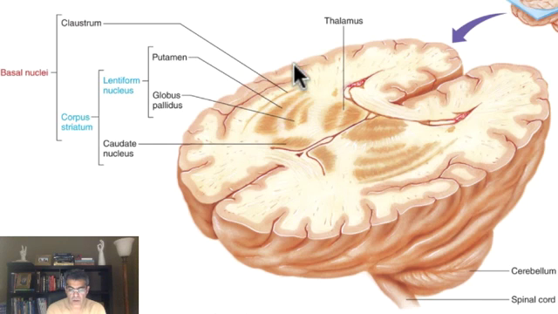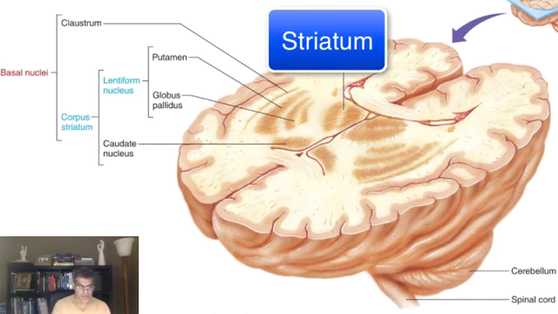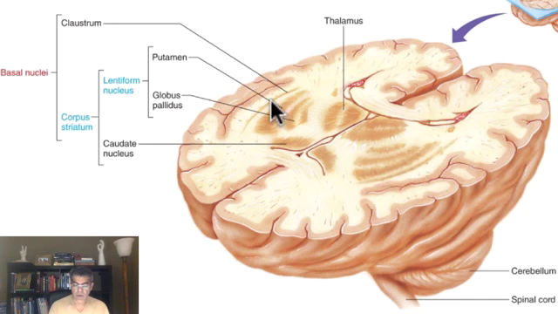And putamen and caudate nucleus, these two together, we call striatum. To make it more complicated, lentiform nucleus, which is composed of globus pallidus and putamen, plus caudate nucleus, these three together are called corpus striatum.